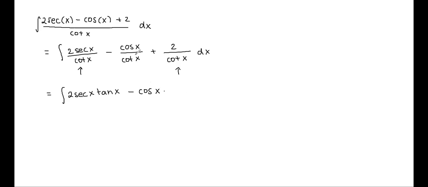So instead, I'm going to rewrite tangent of x as sine of x over cosine of x right away. And for the last term, you have plus 2 times tangent of x, dx.